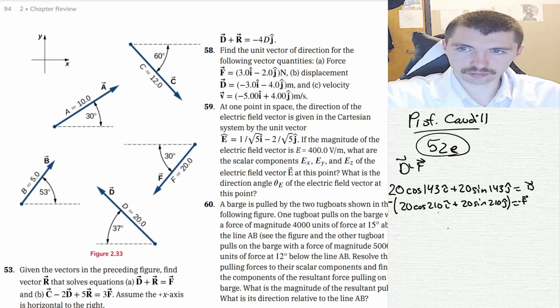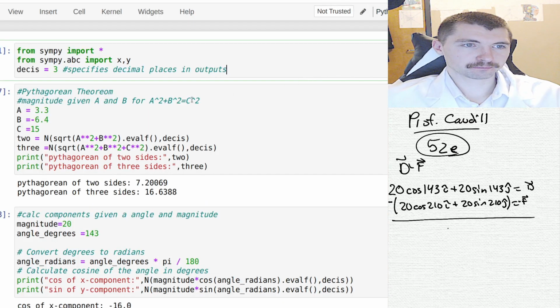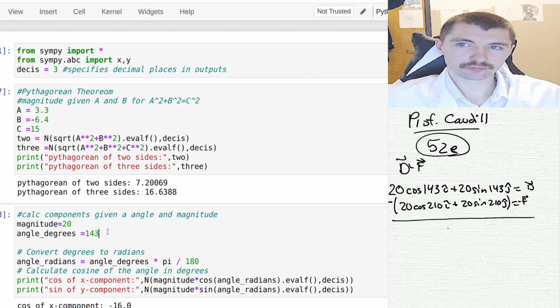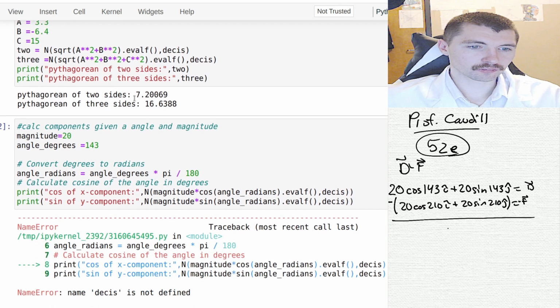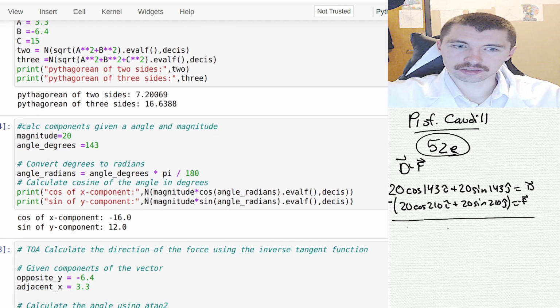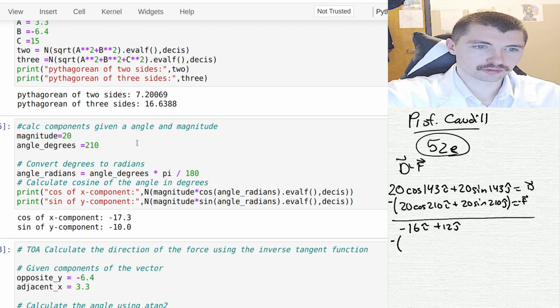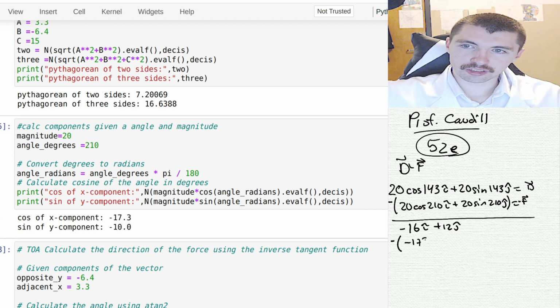Okay, so we'll get negative 16i plus 12j minus negative 17i.